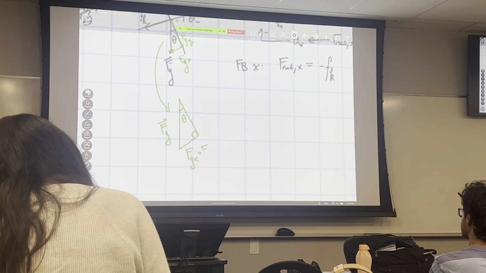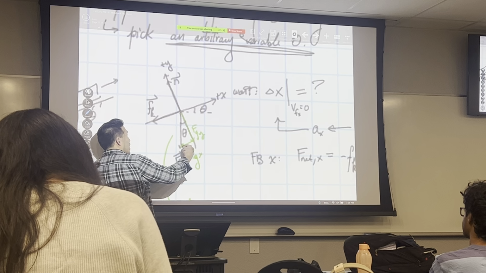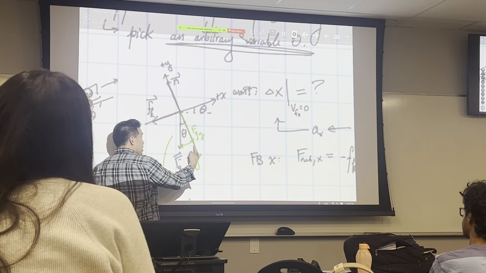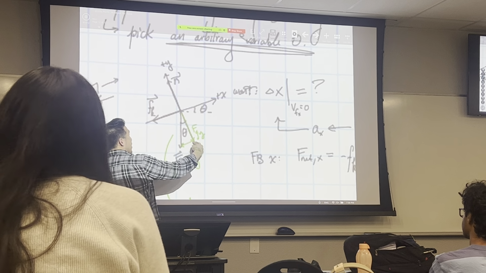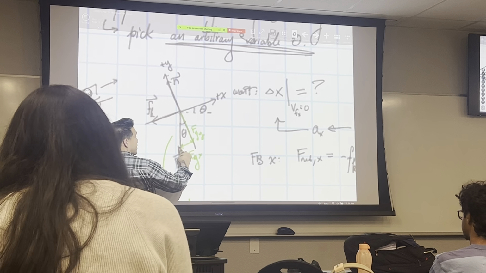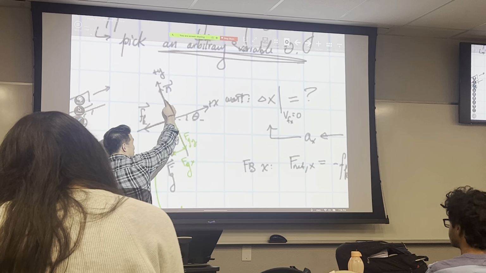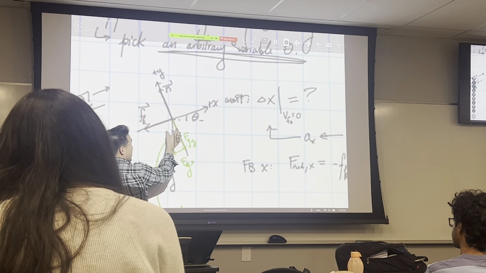So you did have to recognize that the force of gravity has an x component. This is the y because it's on the y-axis, or along the y direction. This is the x because you could see that it is in the x direction. It's going negative. So this is negative Fk minus Fg in the x direction.